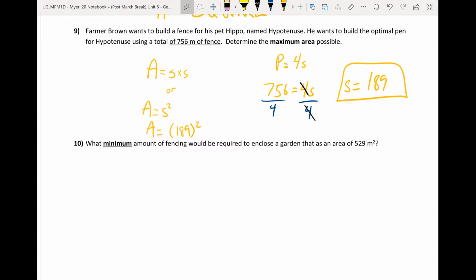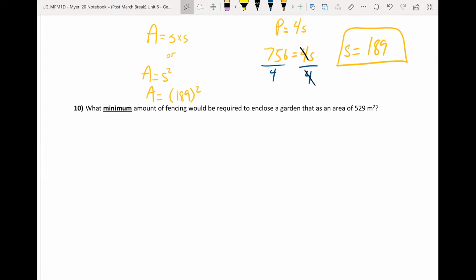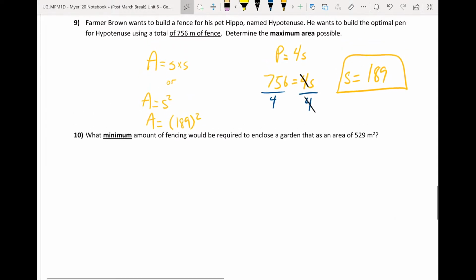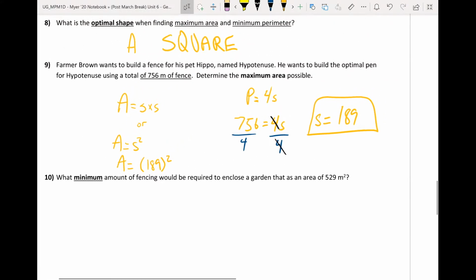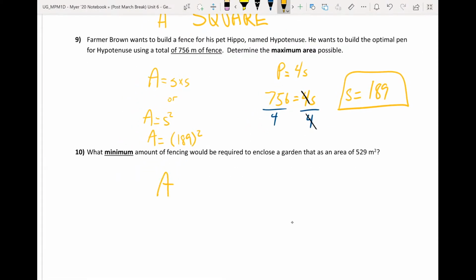All right, what about the minimum amount of fencing that would be required to enclose a garden that has an area of 529 meters squared? All right, minimum amount of fencing. So again, it has to be a square. If the area is equal to s squared, and we're given the area, we just substitute it in for where the letter A is. 529 is equal to s squared.